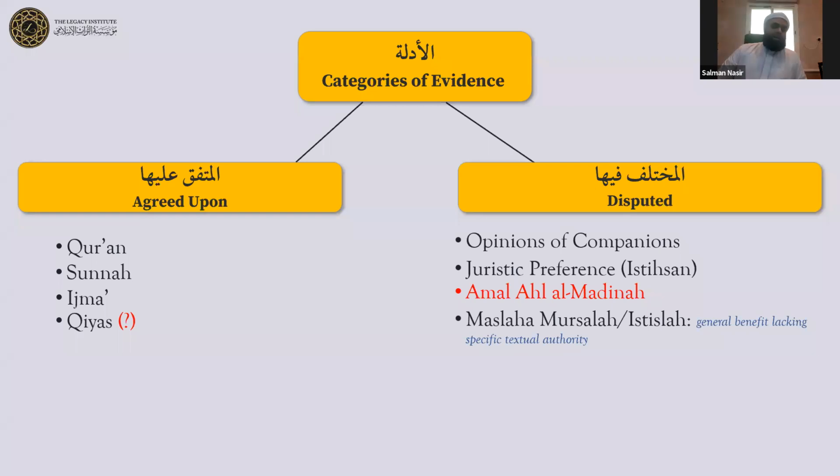So, for starters, if we look at the Hujjiyah of Qawl al-Sahabi, a question that merits asking is, when did this idea come about?